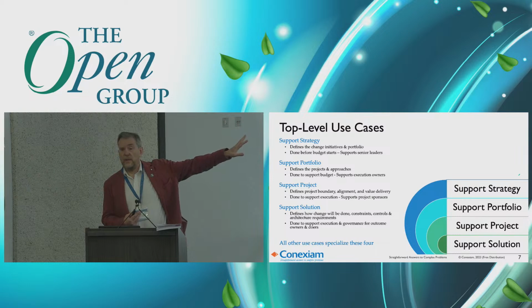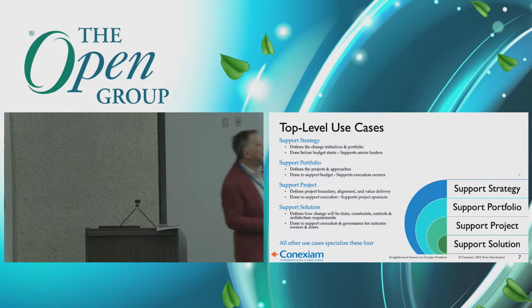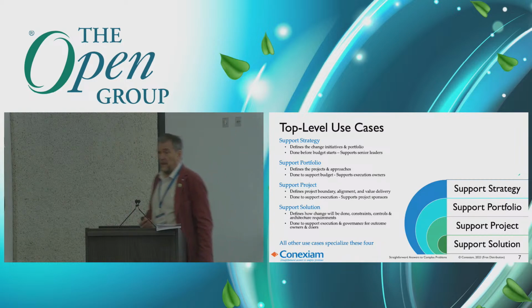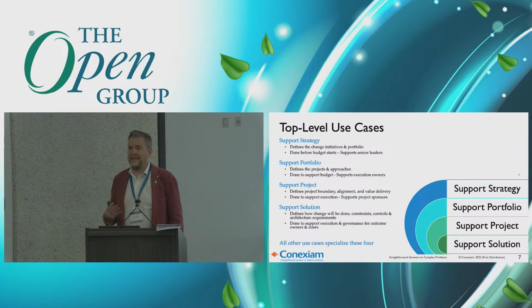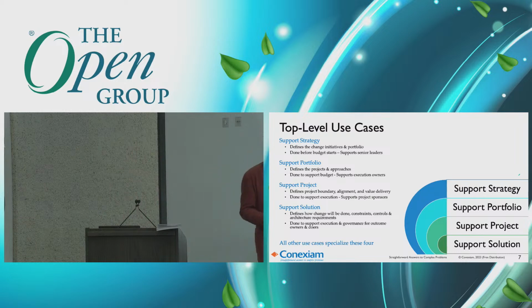And if you want to know where the sweet spot is, where the most successful architecture teams are, supporting portfolio. Helping an organization guide a portfolio of change. That is the most common success model with the lowest reboot rate. The highest reboot rate, supporting solution.